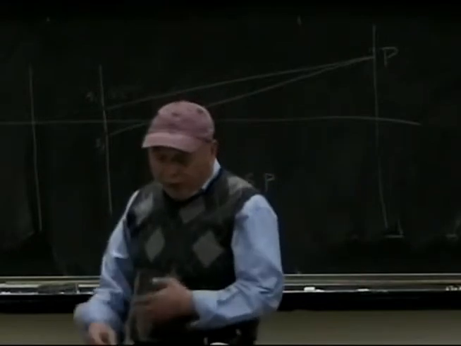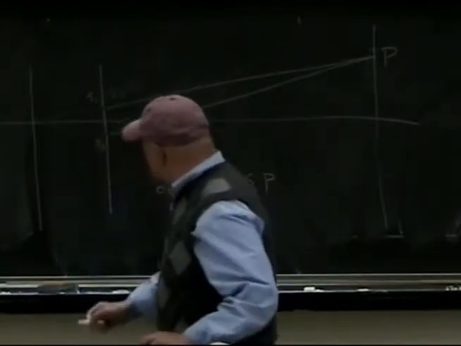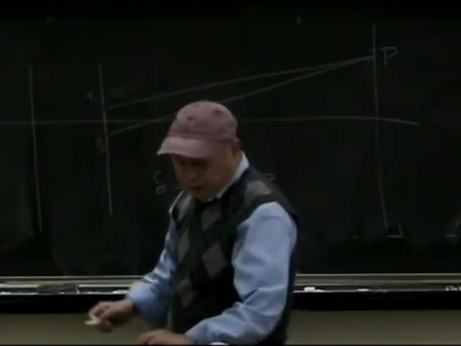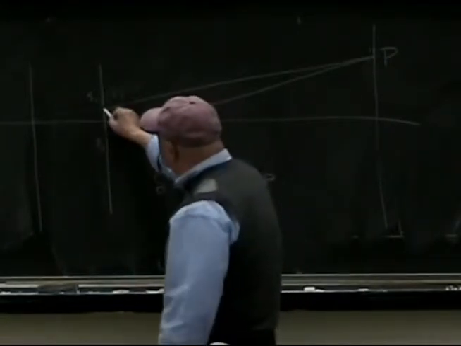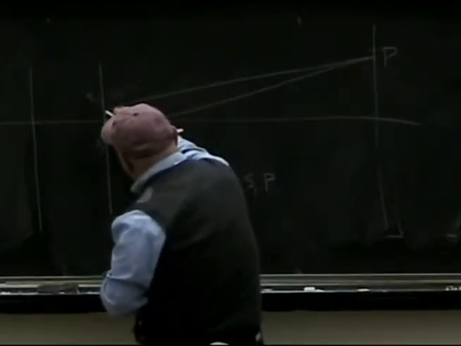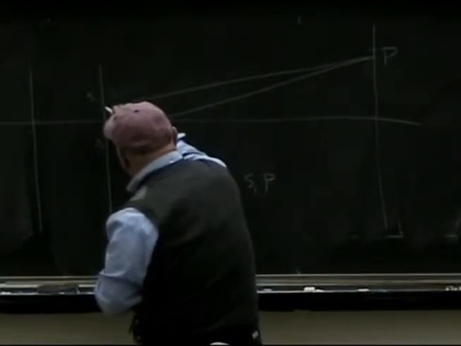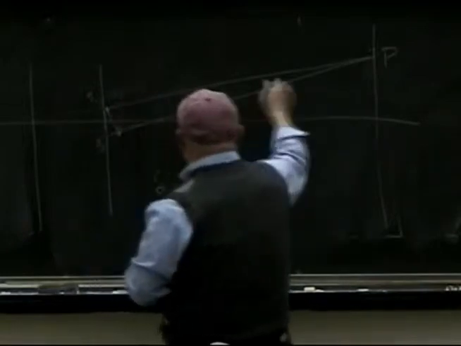Now as far as the wavefront goes, because this distance is far away, we draw the perpendicular point here. If we draw the perpendicular line here, that means at this point they are the same phase.